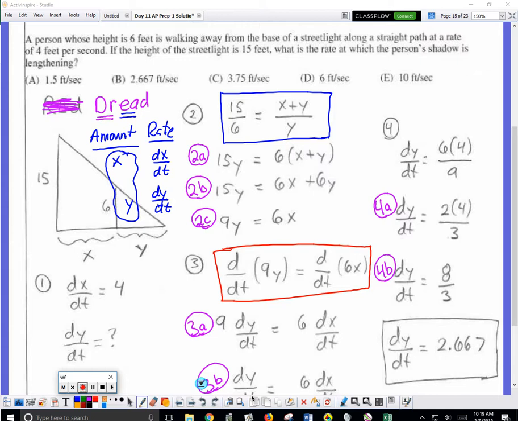Because it's 1, but 1 is the same thing as 2 over 2. So you have 5 halves of something, subtract 2 halves of something, which is 3 halves of that something. Does that make sense? And now you can just multiply by 2 divided by 3. Any questions? Please.